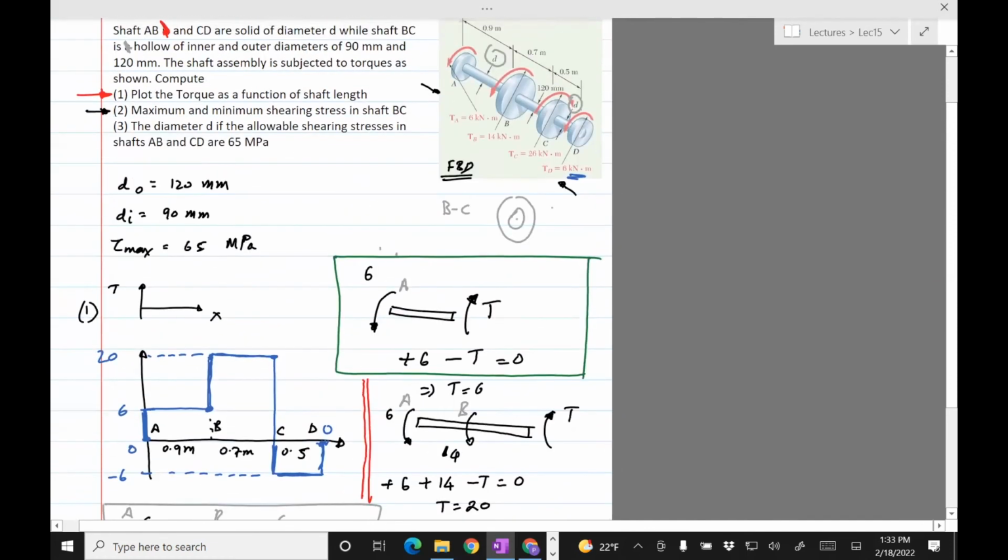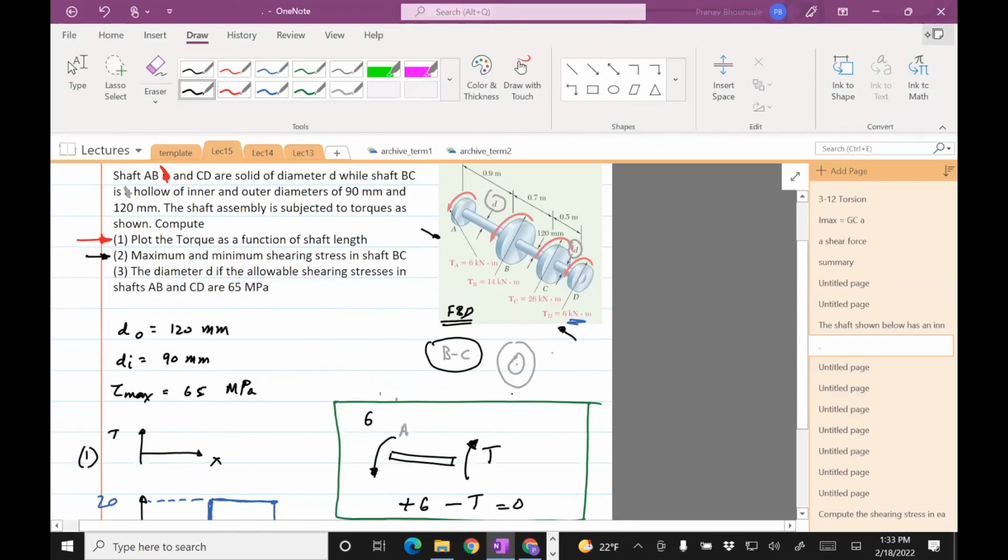Anyway, so here we are asked to find the maximum and minimum shear stress in shaft BC. This is BC, it's hollow. So let's first write the formula and then compute the value.